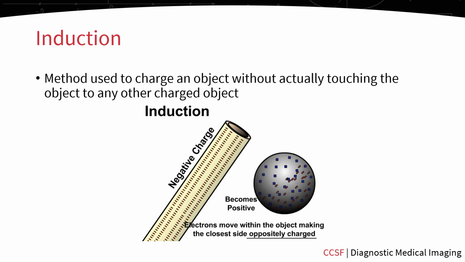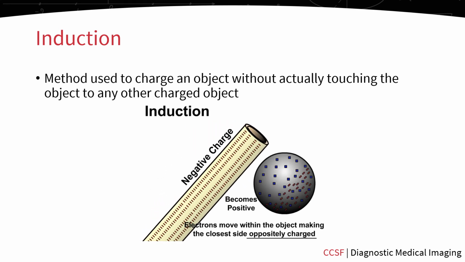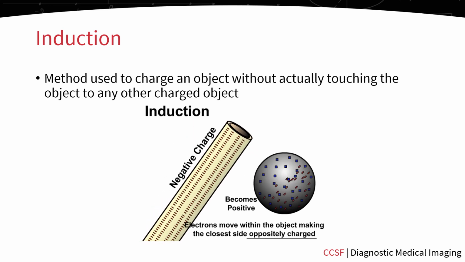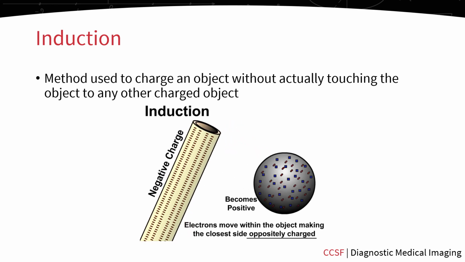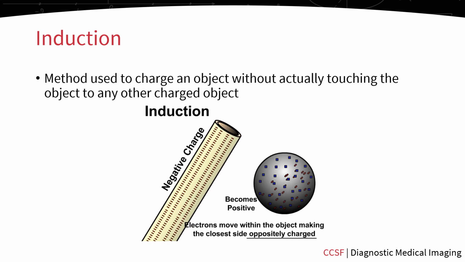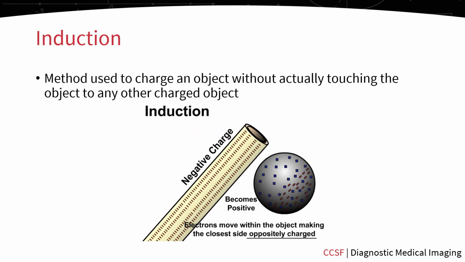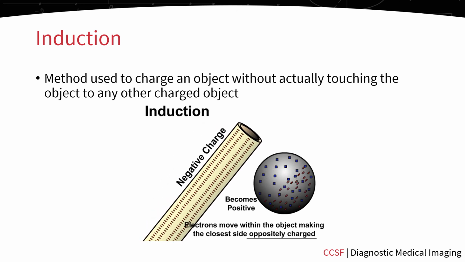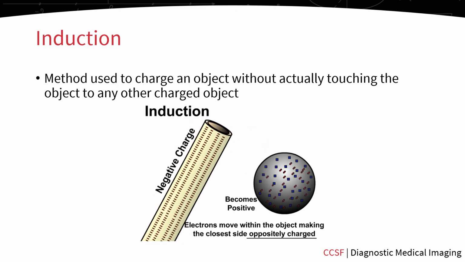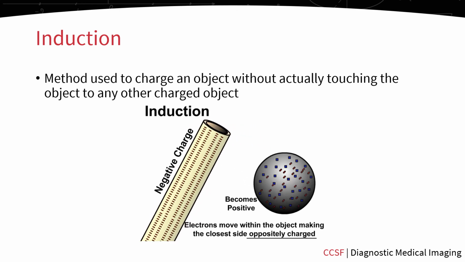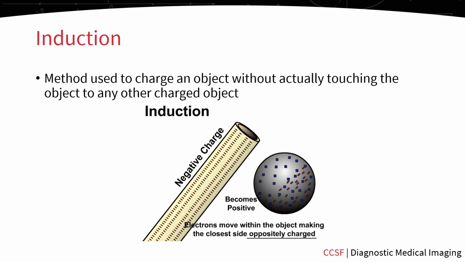With induction, you can actually charge an object without physically touching it. This process is going to become very important to us in a couple chapters when we talk about induction motors. An induction motor can turn with no physical contact.